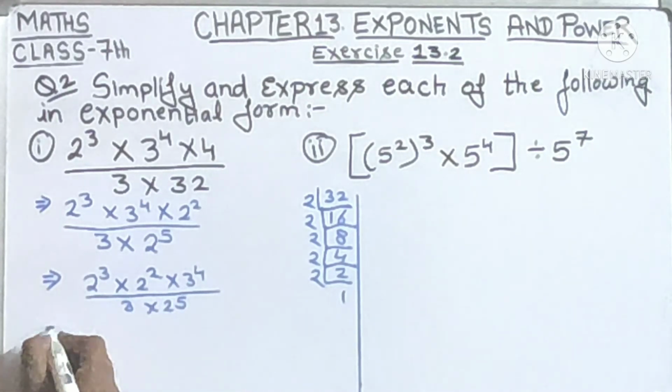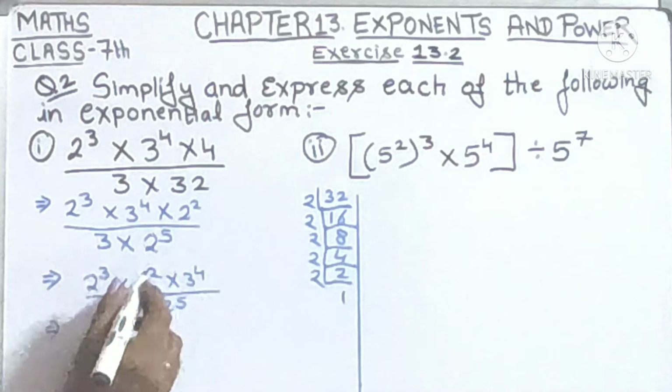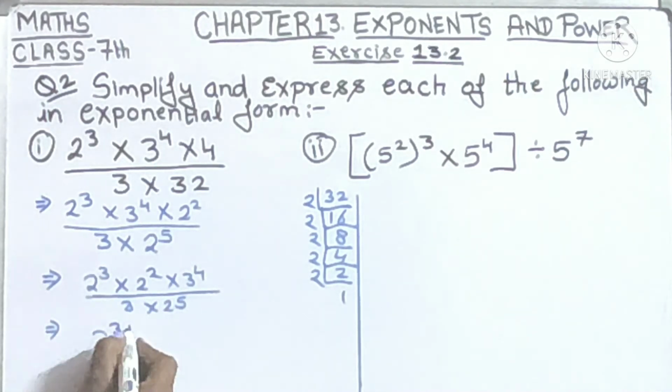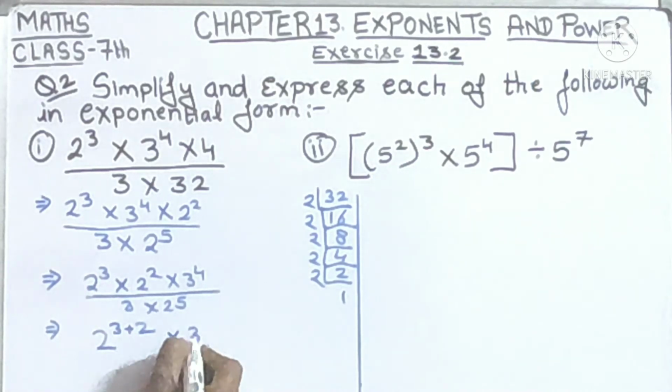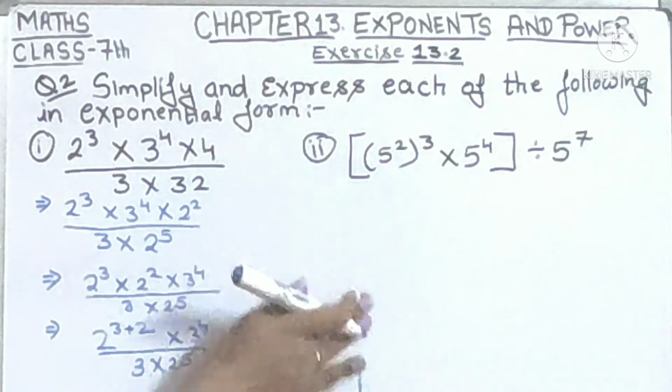In the next step, the bases are the same, 2 and 2, so we will take one base common and the powers will be added, because a multiply sign is given. Whenever a multiply sign is given, the powers will be added. And 3 raised to the power 4 as it is, upon 3 into 2 raised to the power 5.